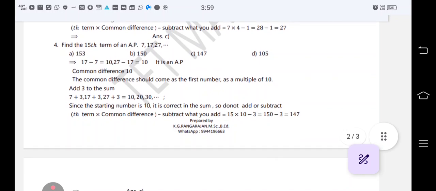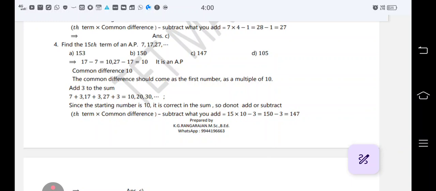Find the 15th term of an AP: 7, 17, 27, etc. A 153, B 150, C 147, D 105. Already we have told to check whether it is an AP or not.